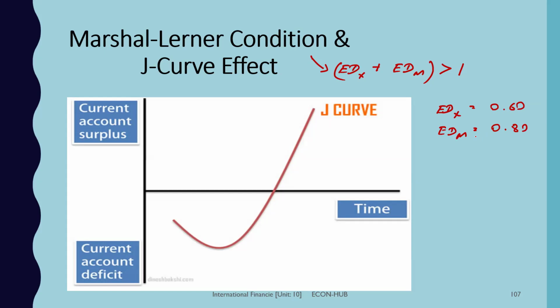Demand is inelastic individually, less than 1, 0.6, 0.8. Inelastic. You guys get what I'm saying? But what will be the case when it comes to the combined total?